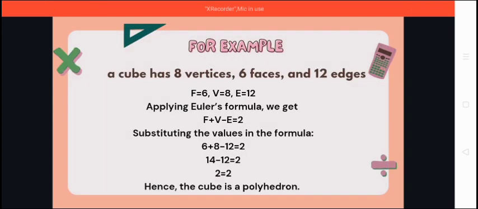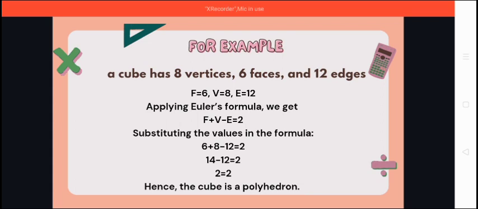For example, we have here a problem. A cube has 8 vertices, 6 faces, and 12 edges. So we have all the given values. The faces is 6, vertices is 8, edges is 12. Applying Euler's formula, we get F plus V minus E equals 2.